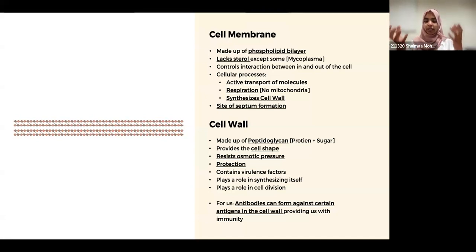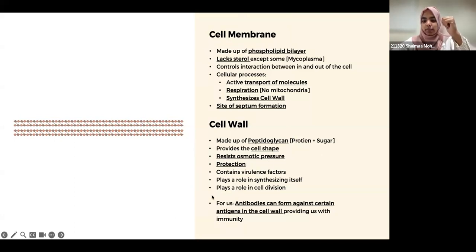But with some antibiotics, if we weaken the cell wall, then the cell is going to lyse because it can no longer resist osmotic pressure. Therefore, it's also a protective mechanism of the cell wall of the bacteria. It gives it protection, and virulence factors, which we said are the things that help the bacteria be more disease-causing and more infective.